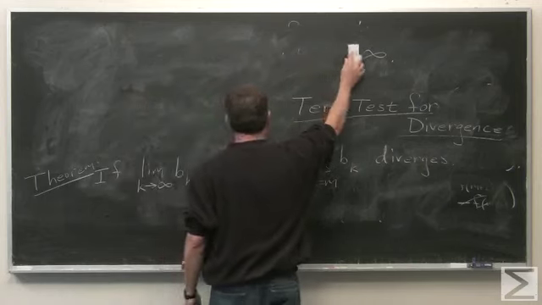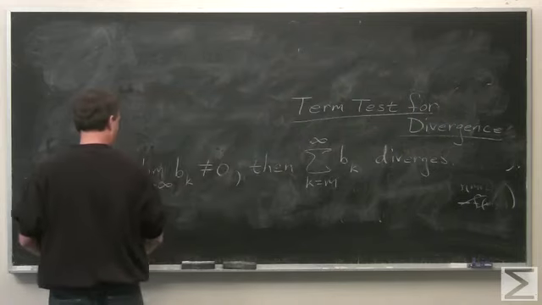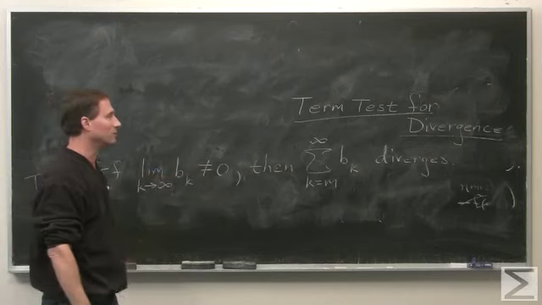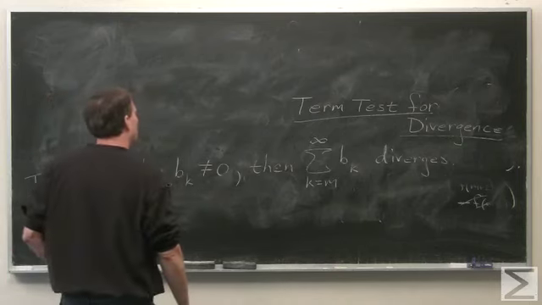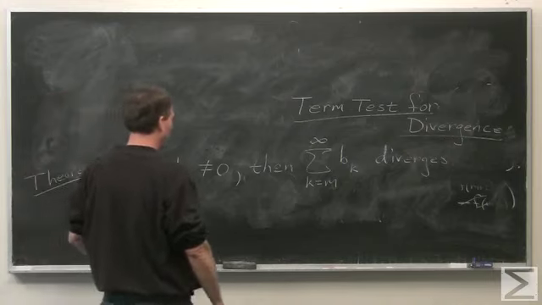But it applies more generally, even if the limit of the terms doesn't exist. So not 0, including if this limit doesn't exist, then it's not 0. So this still applies. It's actually very easy to see that this is true.